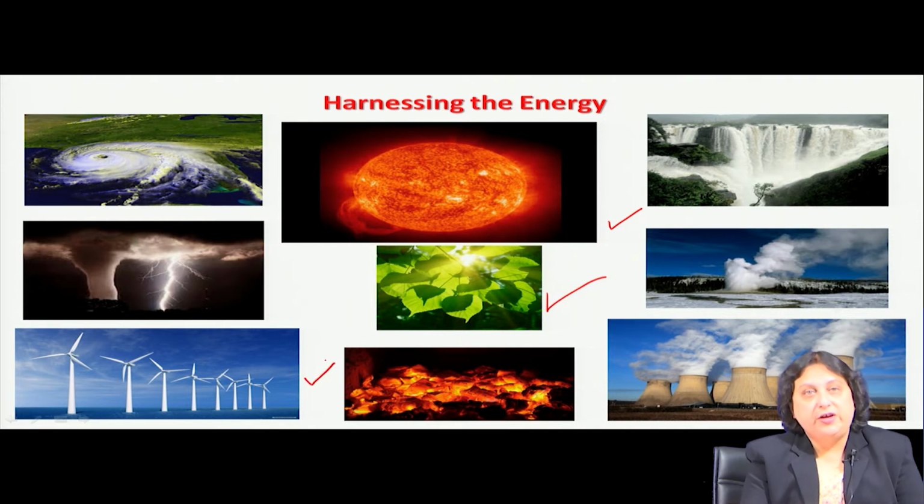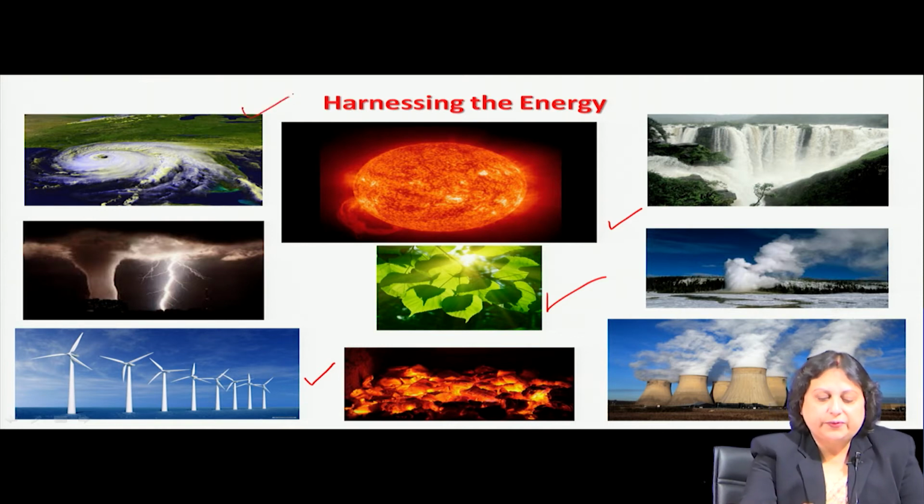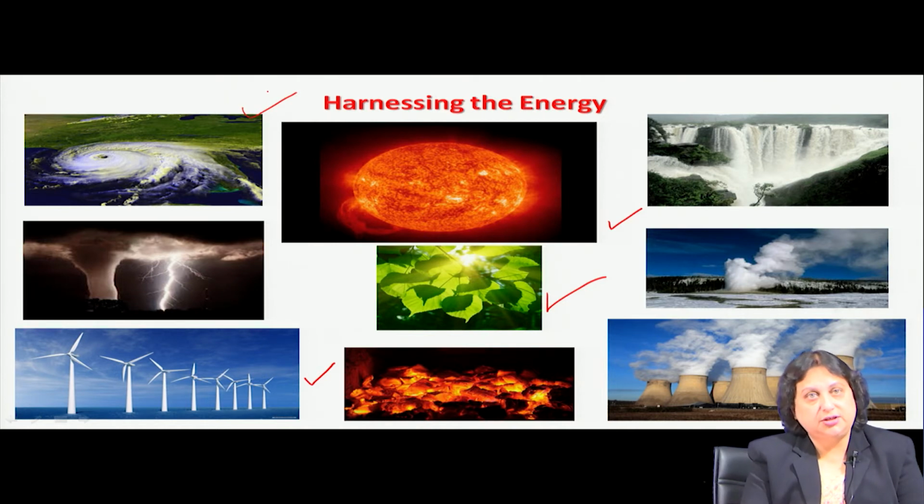So these are windmills where the power of wind is used to convert into useful energy like electrical energy. This is a typhoon. This is one of the best manifestations of the energy that is contained within winds, which have formed a very highly concentrated zone of energy that is being carried by the wind.